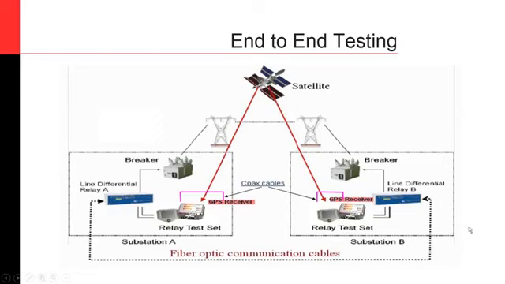In some cases, the GPS receiver is integrated in the test set. In other cases, the GPS receiver is external to the test set. In other cases, you don't have to bring the GPS receiver with you, because the substation itself runs a synchronization signal that's good enough so you can use it on both ends. But you have no way of not having a timing signal that is good for the synchronization of both test sets.